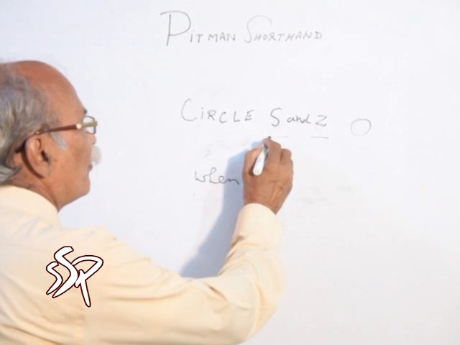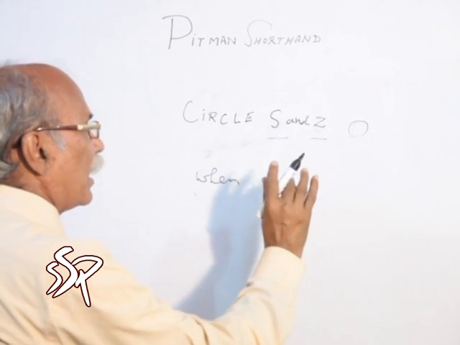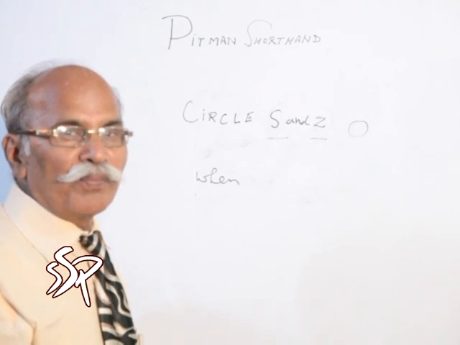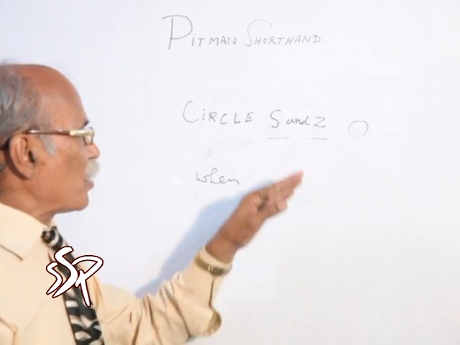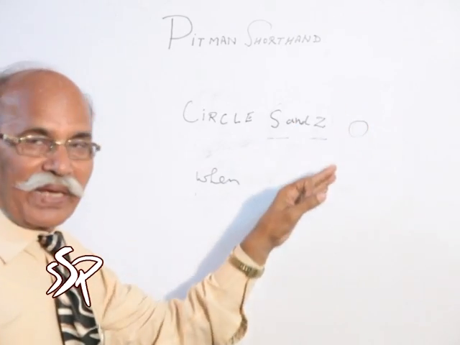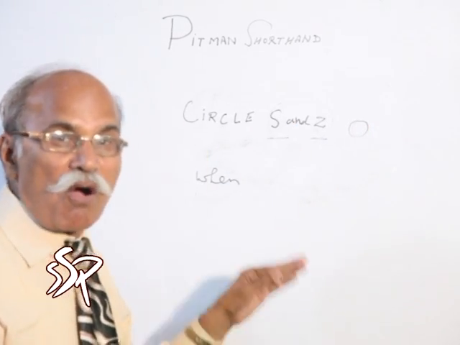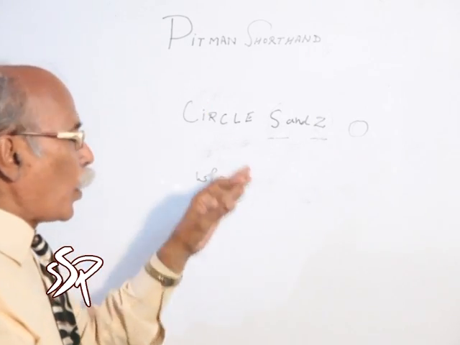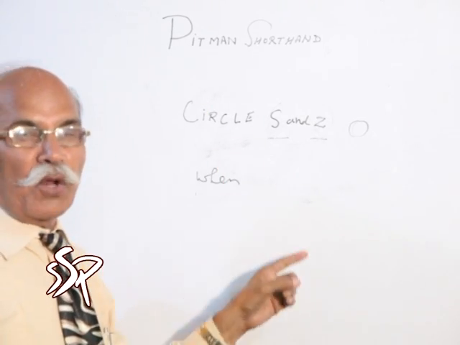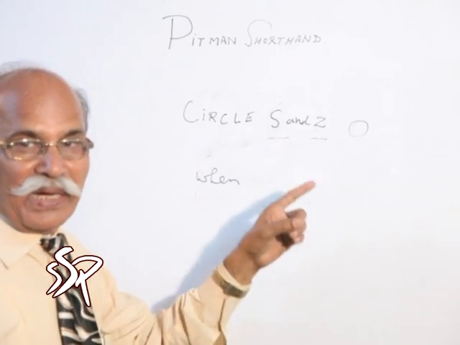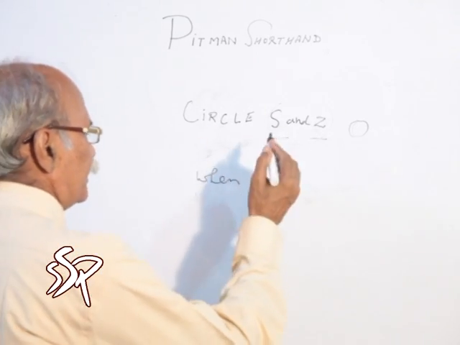The S and Z strokes are not finished; they continue, but they are divided, and the circle is also used in place of these strokes.